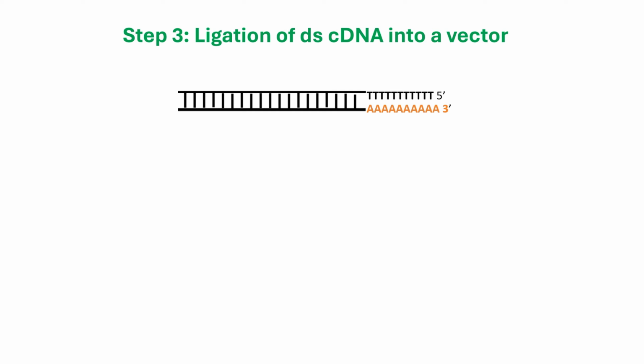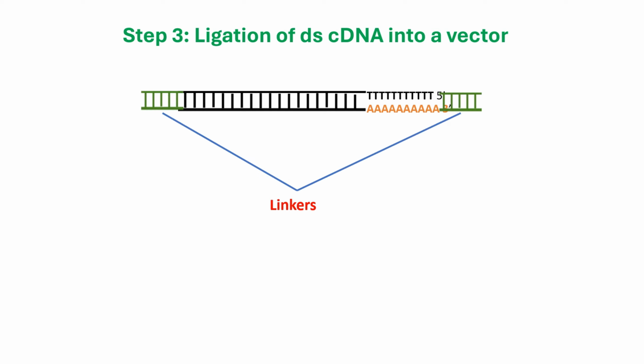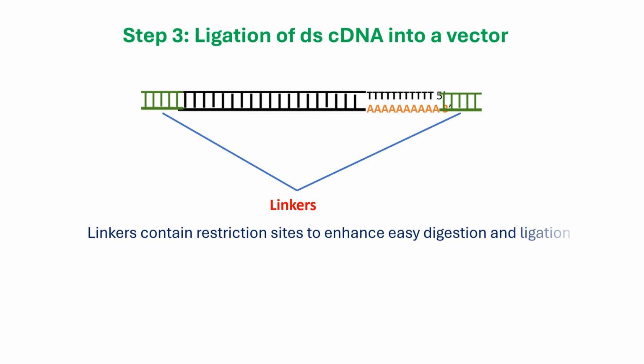But the problem is that when we try to treat our cDNA directly with a restriction enzyme, some desirable sequences might be lost. So we attach short fragments of DNA called linkers to the ends of the cDNA molecule before we carry out the restriction digestion. These linkers possess restriction sites within them.